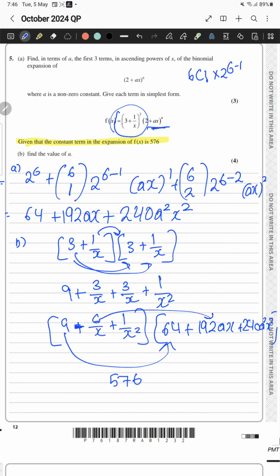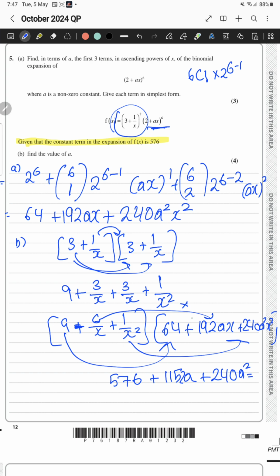Now we can do 6 over x times 192ax, because whenever you expand them, 192ax times 6 over x, the x's are going to cancel out. And similarly over here, whenever you expand 1 over x squared with 240a squared x squared, the x squared will also cancel. So 192 times 6 is going to be plus 1152a, plus 240a squared.